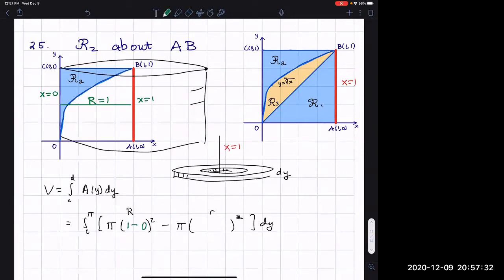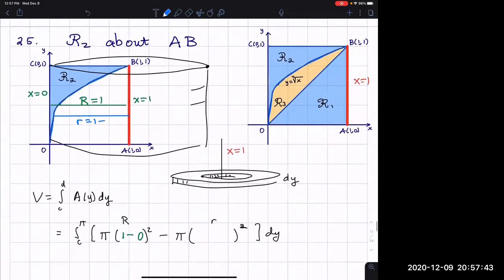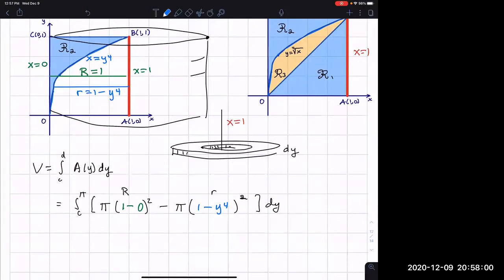And now there's another radius, that smaller radius. I'm going to take 1 and subtract the function. The thing about this function is that it says y equals the 4th root of x, but I want to write that function as x equals y to the 4th, because I'm integrating with respect to y. So I'm going to have 1 minus y to the 4th right there. This is my small radius.